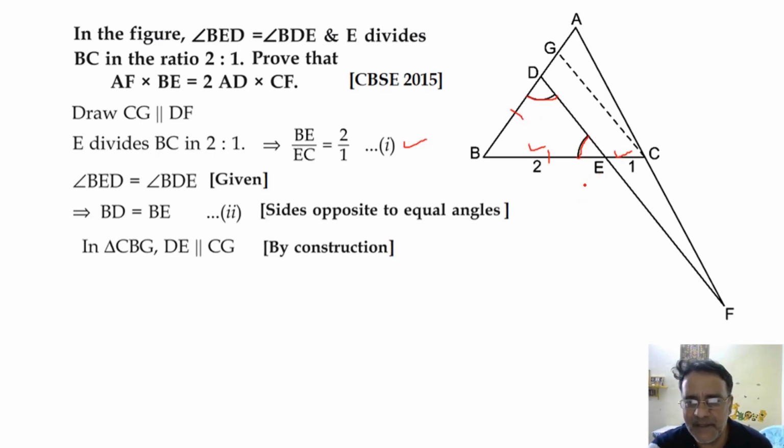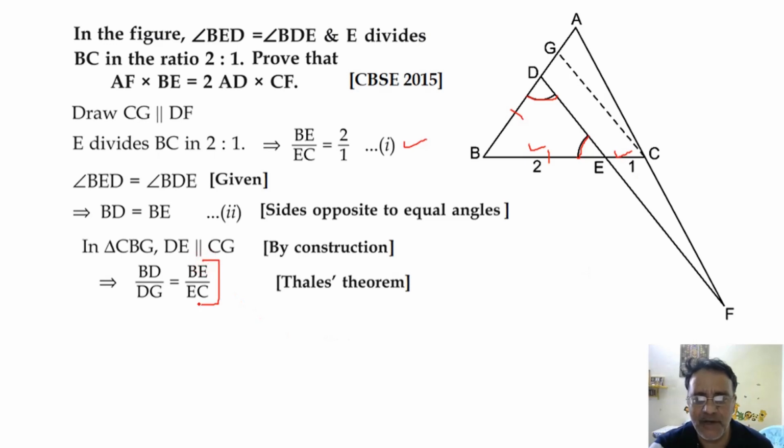So if you apply the basic proportionality theorem, what we are going to get, BD upon DG is equals to BE upon EC. And this ratio is already we got 2/1. So we can write BD is equals to 2 times DG.